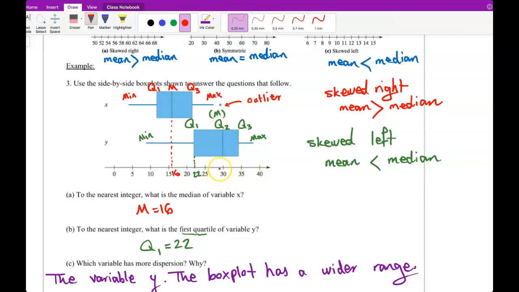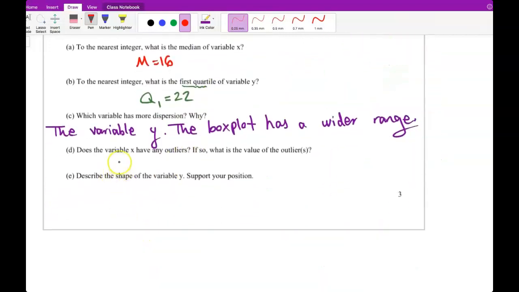I think it's 29, yeah, it's very close to 29. So yes, we do have an outlier, and that is the value of 29.